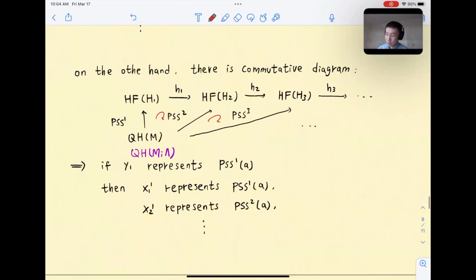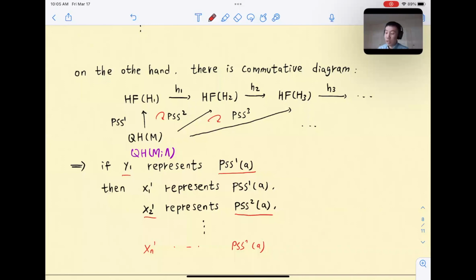So if y1 represents PSS1 of some class A, then x2 prime should represent PSS2 of the same class, and x3 prime represents PSS3 of A, and so on. Then we have a sequence of elements, so xn prime represents PSSn of A. So we have a sequence of chain level representatives of this PSSn of A.